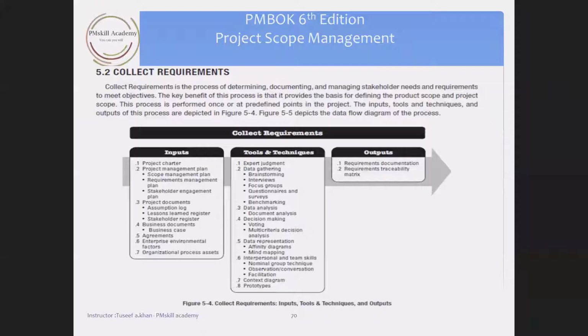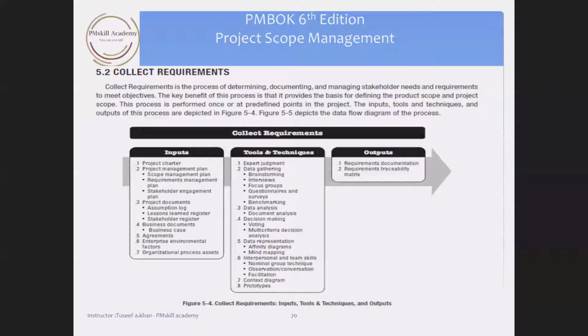Some requirements can be taken from the lessons learned register, like weather conditions, some disaster, or any collapse in the schedule management system. We can also take some requirements from the stakeholder register.